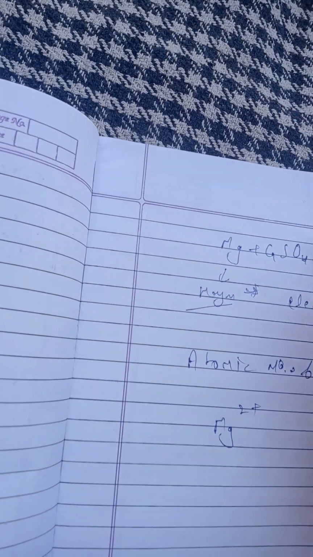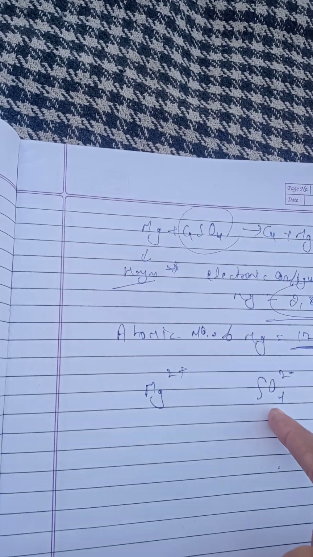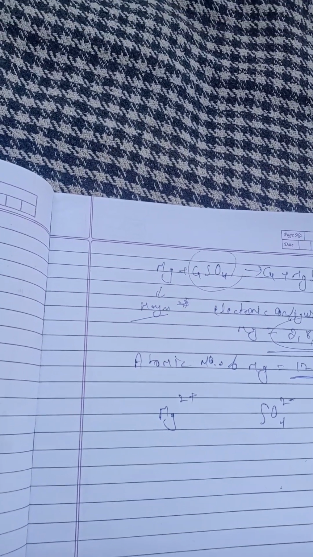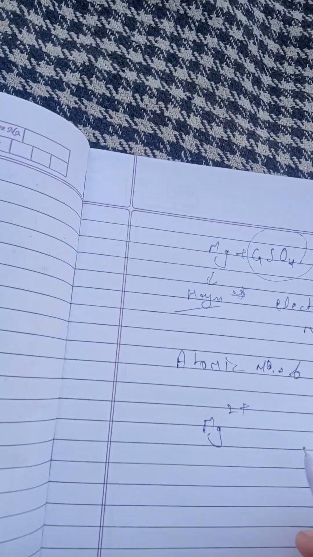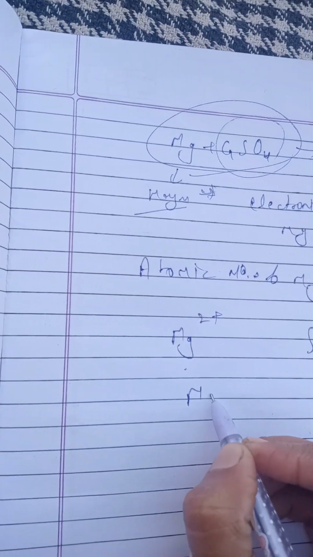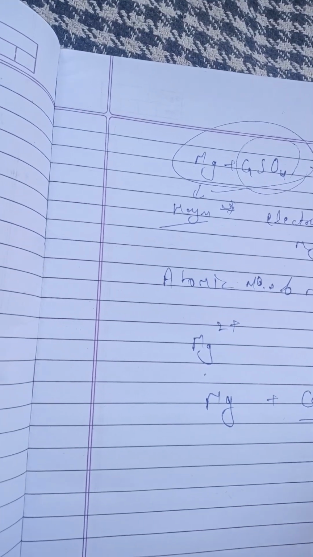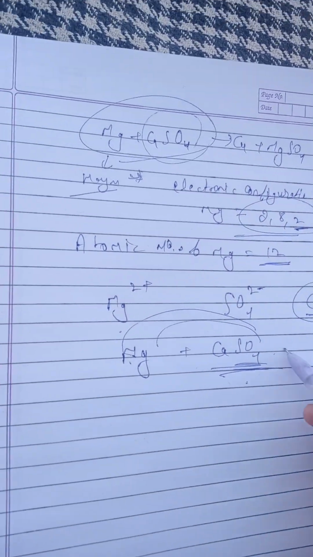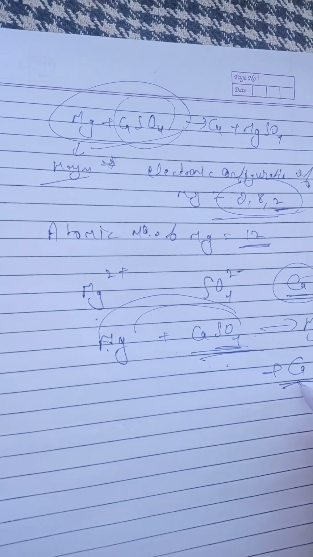In the same way, we know that SO4 is equal to 2 negative, and the copper is the less reactive element. So we can say that Mg combines with the SO4, and copper is the less reactive.